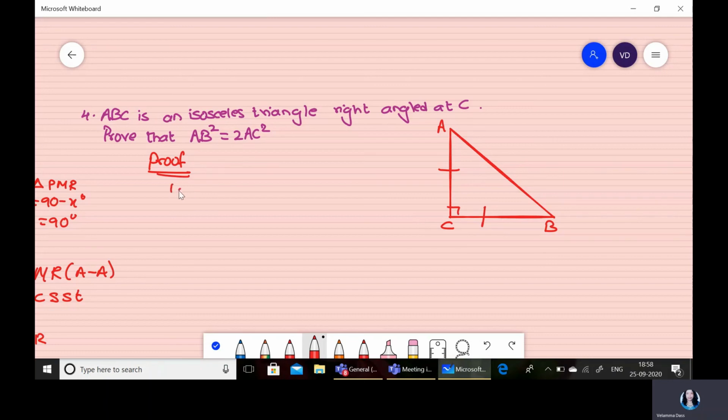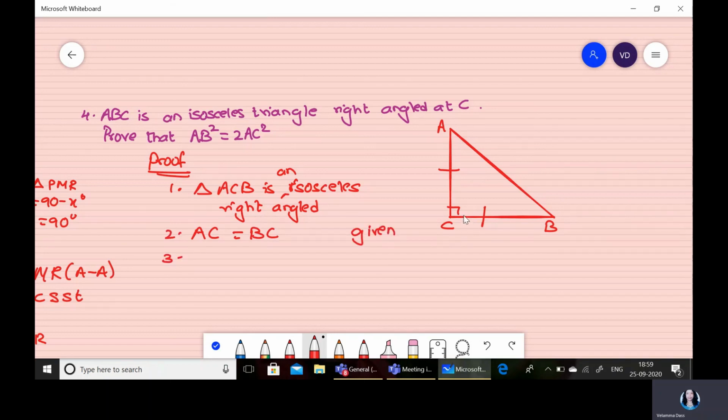So here we can write the first point: triangle ABC is an isosceles right angled triangle. The second point: AC and BC are equal. This is given.